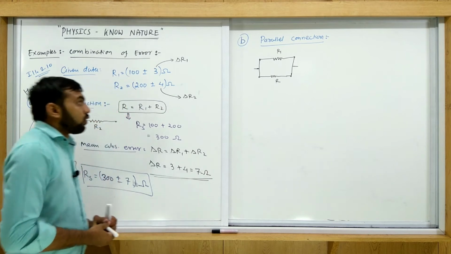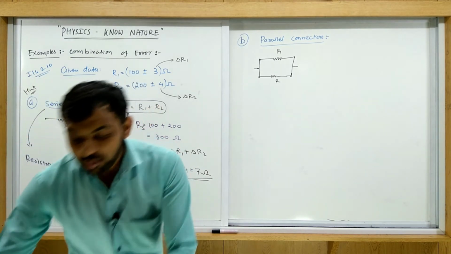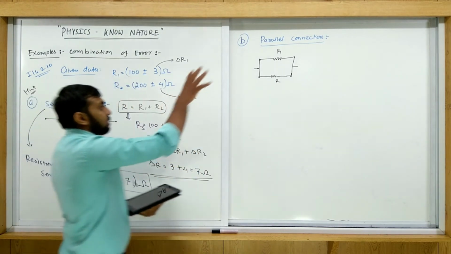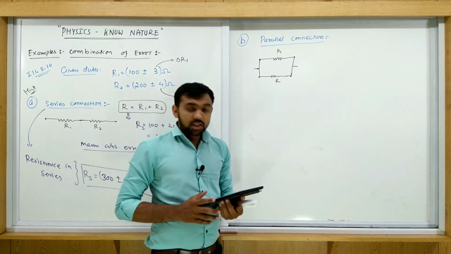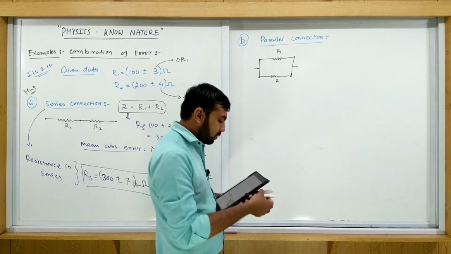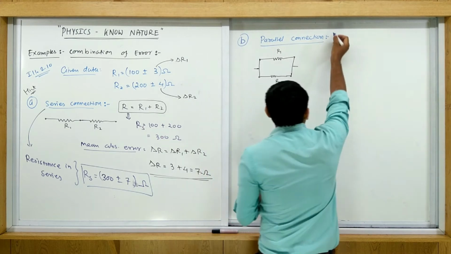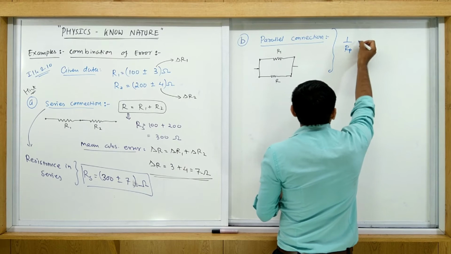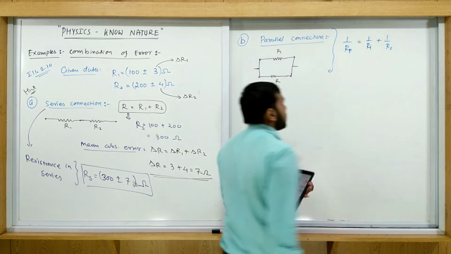So how do we write the relation in case of a parallel connection? It is given in the problem. Actually, we studied this type of relation, series connection and parallel connection, in 12th standard. Right now in chapter number 1 this problem is given to us, so the relation is also given. Let's write the relation from the textbook. Given data for the parallel connection: 1 upon R parallel is equal to 1 upon R1 plus 1 upon R2.